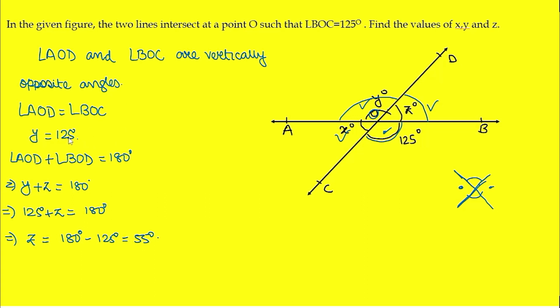Why has Y become 125 degrees? Because vertically opposite angles are equal. So Z measures 55 degrees.